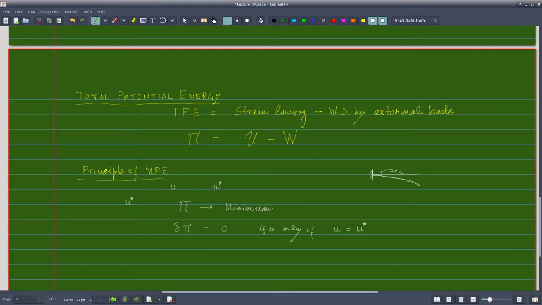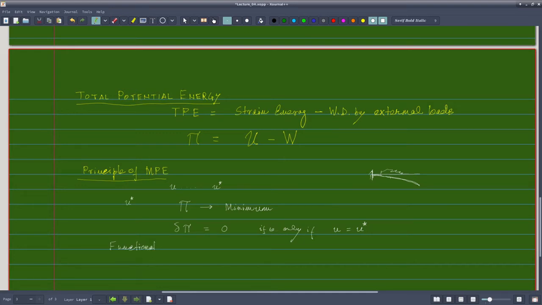So this potential energy is also called a functional in the terminology of variational calculus. We call a function of a function a functional.